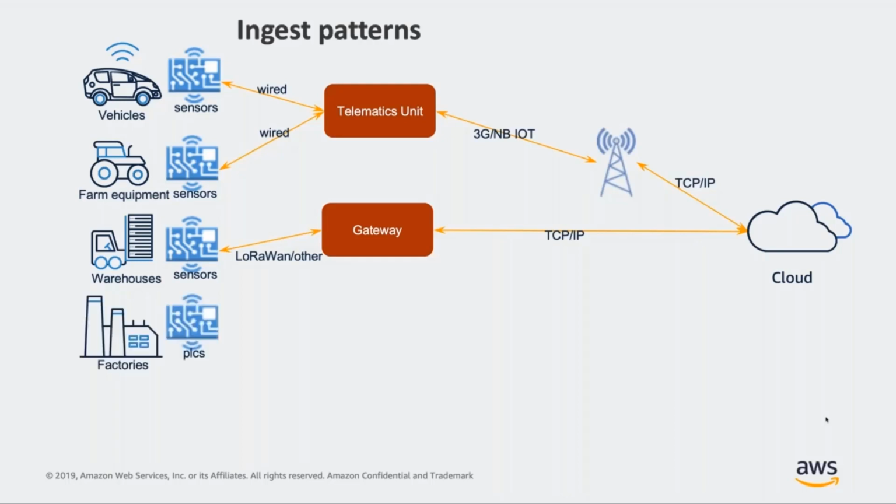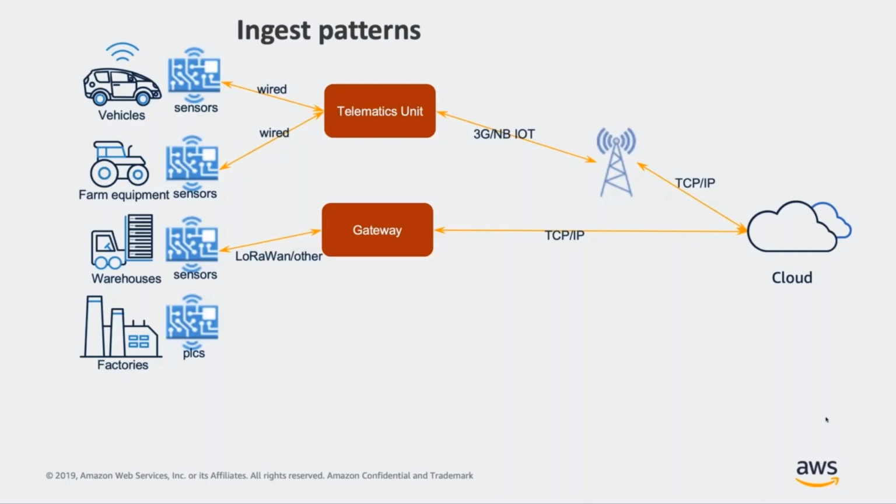So generally TCP/IP protocol conversion happens in these gateways and data is sent to the cloud from this gateway. Let's look at how data ingest looks in factories. Generally, factories have what are called programmable logic controllers. These programmable logic controllers, or PLCs as they're called, capture data from all sorts of factory equipment: your CNC machines, lathe machines, conveyor belts, robots, robotic hands.